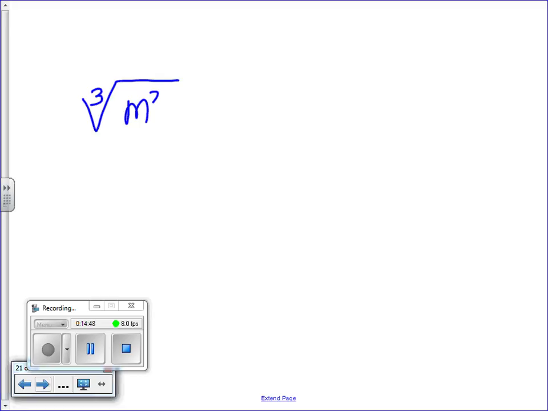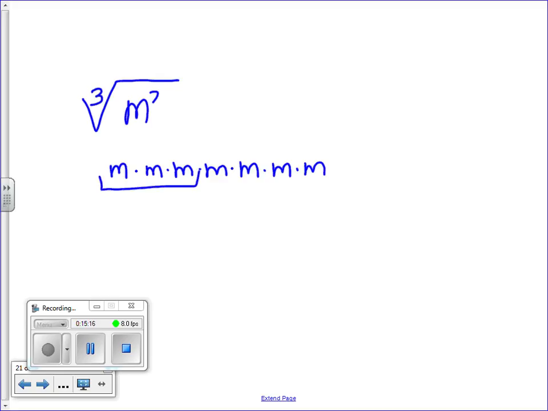Okay. The third root of m to the 7th. I'm looking for a third root, so I still need 3 repeating to come out. I'm going to show you why it works, and then I'm going to show you a super easy thing to do. So I have 7 M's: 1, 2, 3... 7. Here are 3 right there.